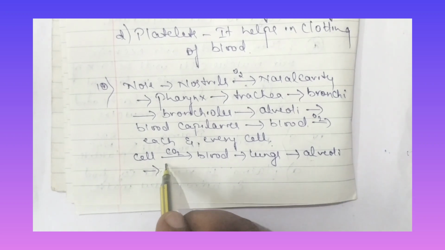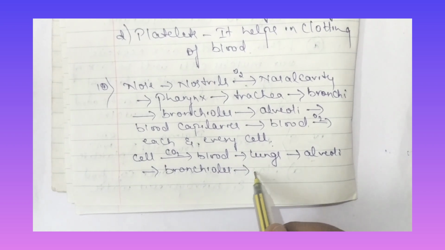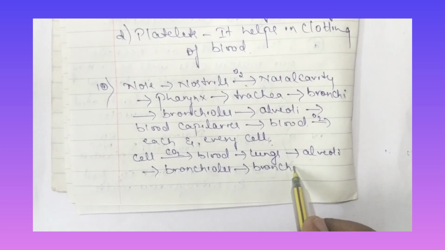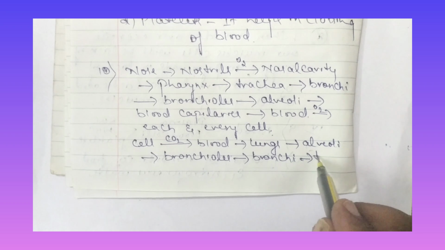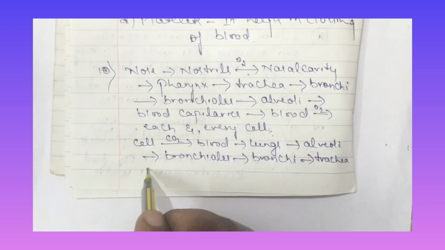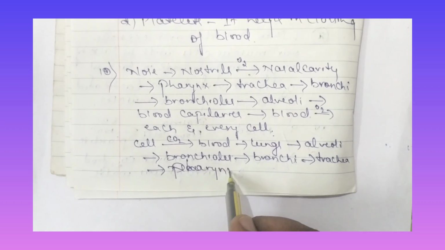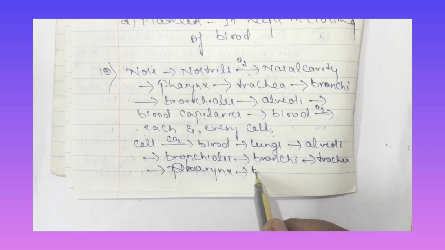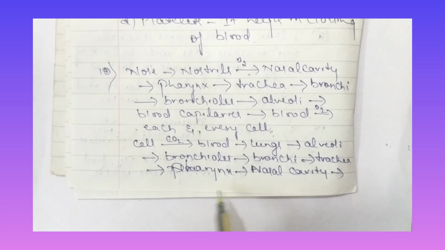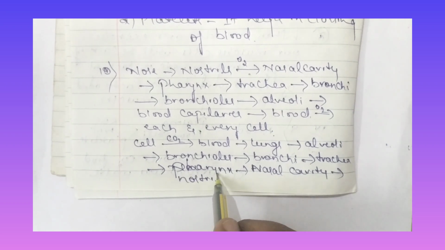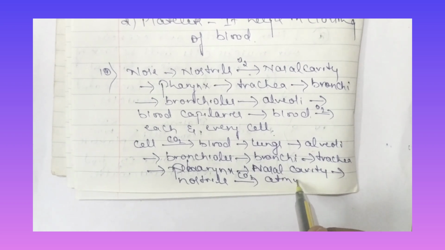From the alveoli, the carbon dioxide moves to the bronchioles, then to the bronchi, then to the trachea, then to the pharynx, then to the nasal cavity, and through the nostrils the carbon dioxide is removed into the atmosphere.